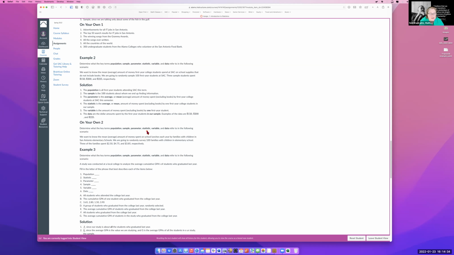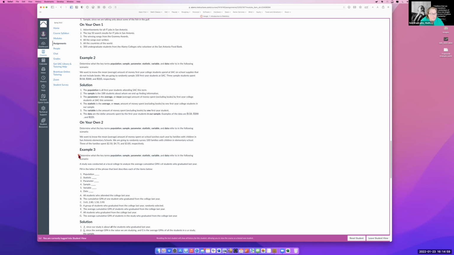The statistic is the same thing, but about the sample. So the statistic would be the amount of money spent on school lunches by the families in the sample. Our variable is the average amount of money. The data is the average amount of money in our sample, and three pieces of data are $250, $475, and $385.